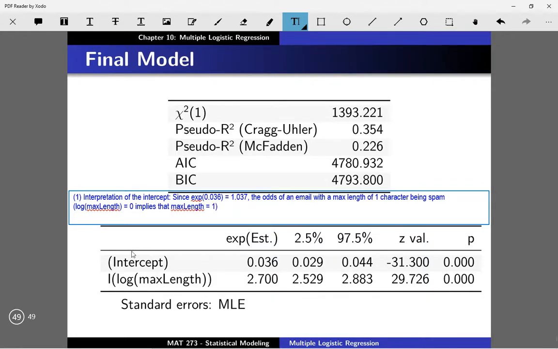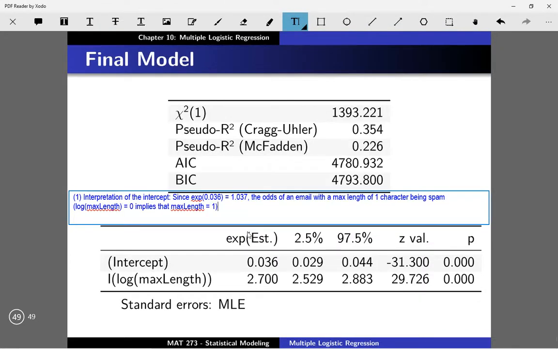And that's since e to the 0 is 1. And e to something is how we undo the log function here. Okay, so since e to the 0.036 equals that, the odds of an email with a max length of 1 character being spam are about 1.3037.